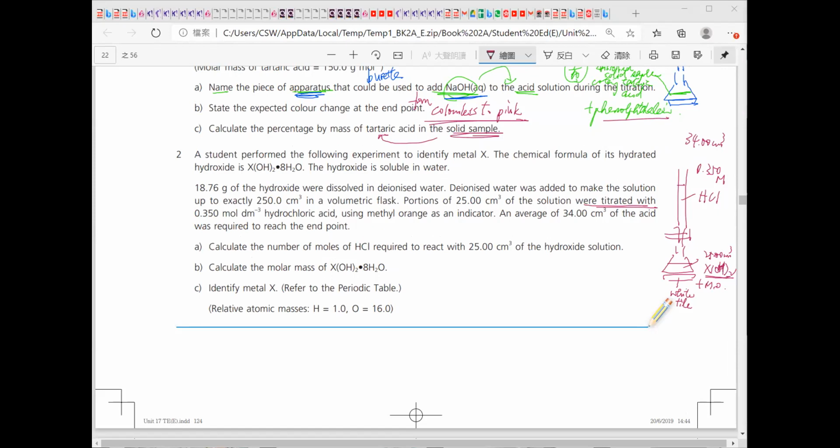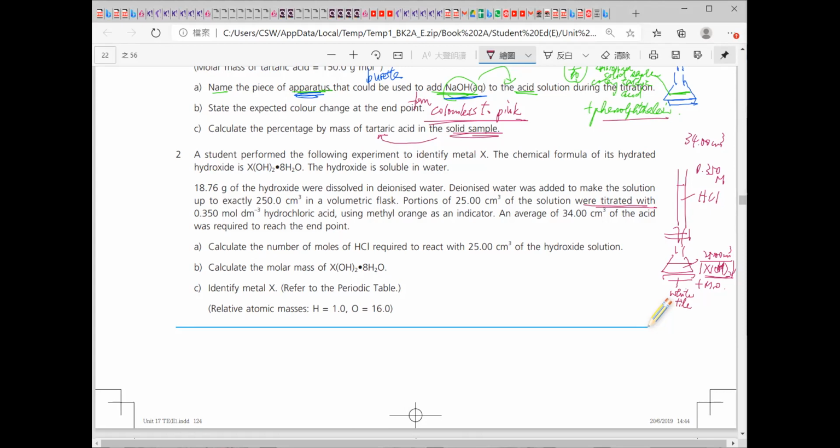From red to orange, you mean? Yellow to orange. Oh, yellow to orange. Yeah, that's correct. Yellow to orange, because the original color in alkaline medium of methyl orange is yellow. Now, it's alkaline medium, right? It is yellow, and you add more acid to it.